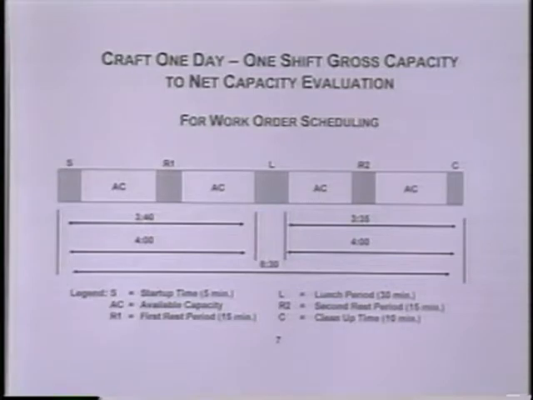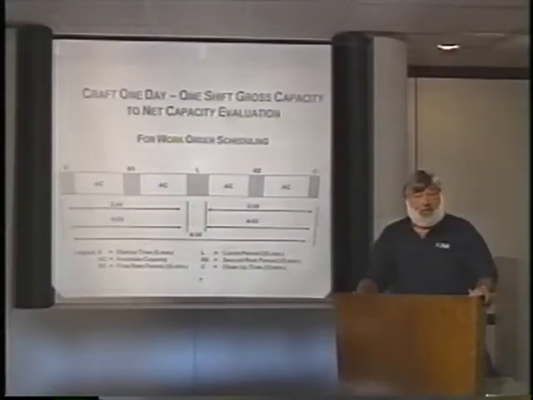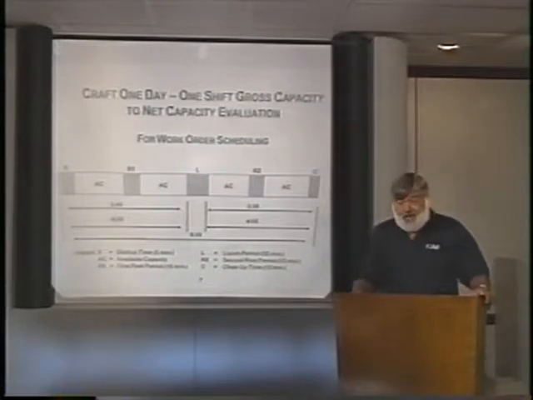L is the lunch time, but in this case, it is not a capacity constraint because it is not going to be used in our gross available capacity, and therefore we move on to the right again, and we have the third AC available capacity. We show the second rest period by R2, and then we show the fourth available capacity, and then last we have the cleanup time required.